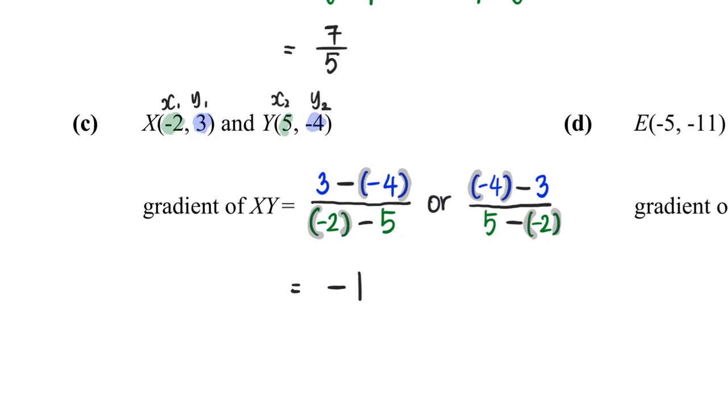Alright, let's move on to part D, where we are given negative values now.